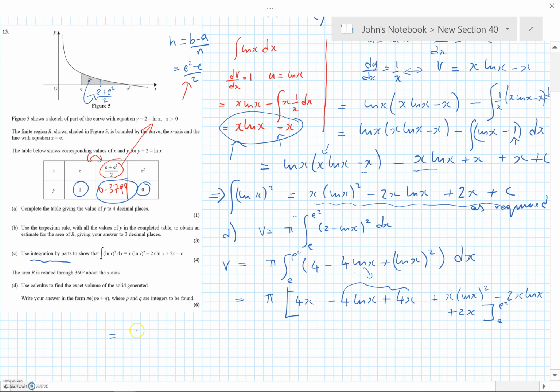So that equals, square brackets, 10x, pi in front, minus, there should be an x there, so it's minus 6x ln x, okay, plus x (ln x) squared.